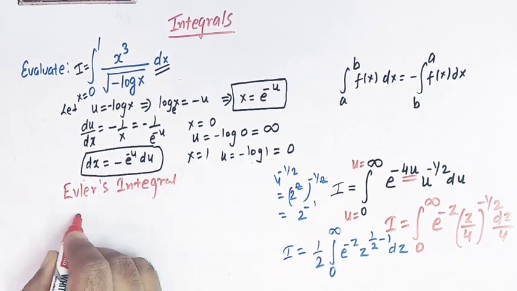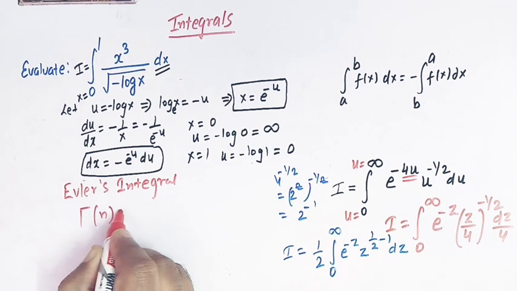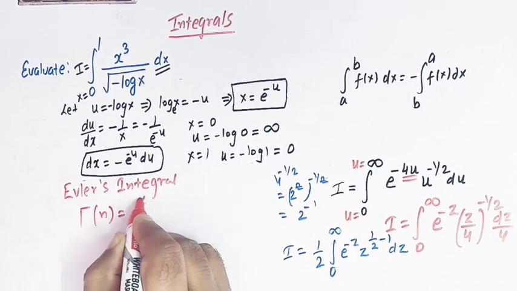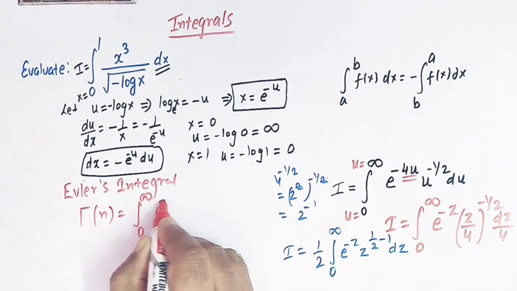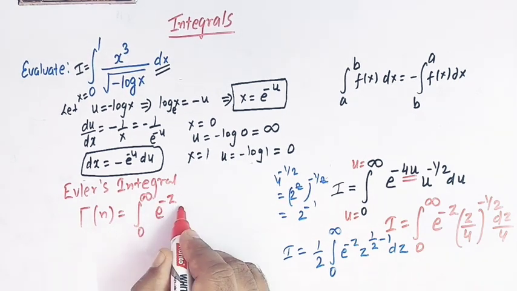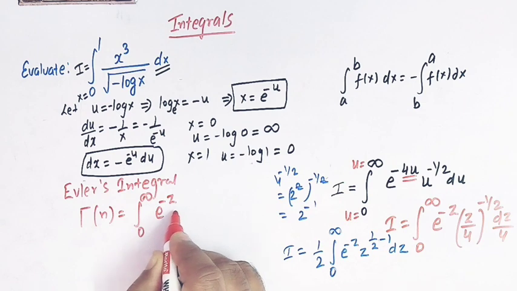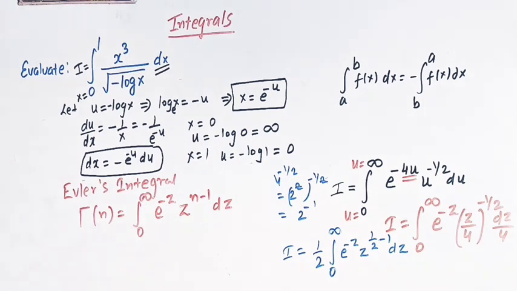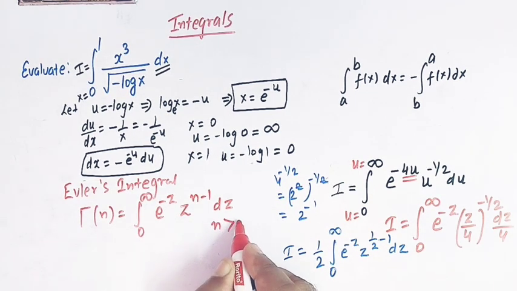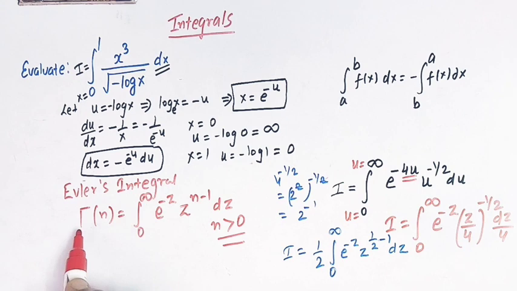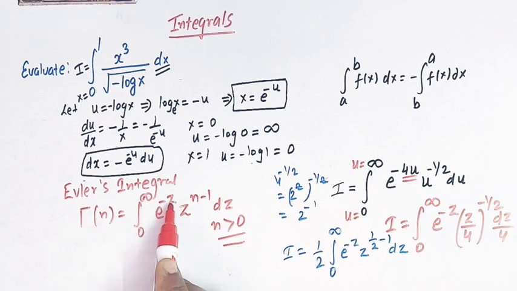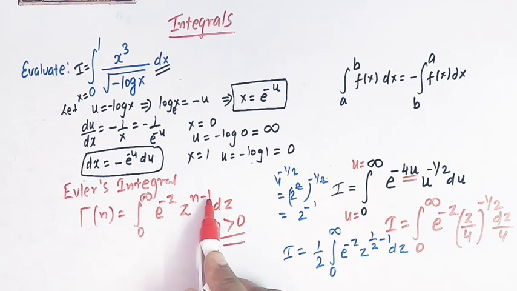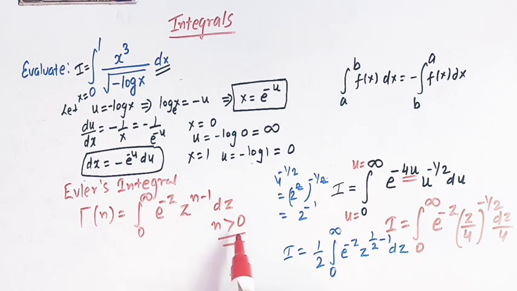We can write gamma of n is equal to the integral from 0 to infinity of e raised to minus z, z raised to n minus 1, dz, where n is greater than 0. So the gamma function is defined like this.